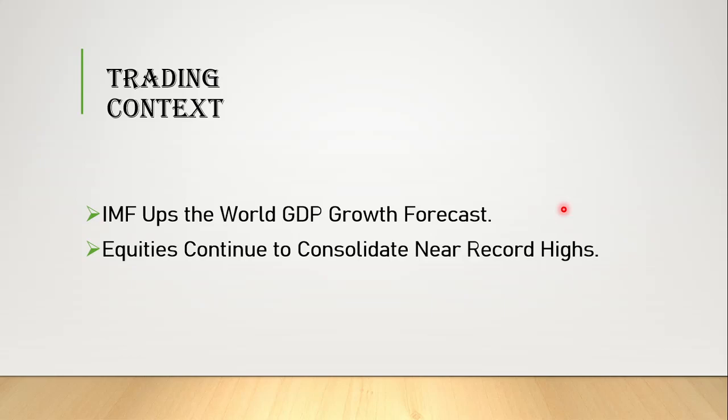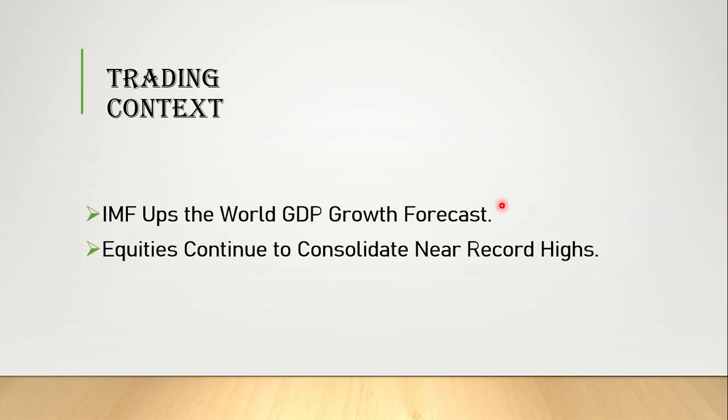And apart from the data docket, if we consider the political and economic developments, we got this revision in growth forecast from the IMF, and it has now revised the world GDP growth rate to 6% for this financial year from its October 2020 forecast of 5.2%, as the IMF has taken into consideration the large stimulus support coming in from the US government, and also other major economies are chipping in, and as a result, we are likely to see a faster recovery in the economy of the world.